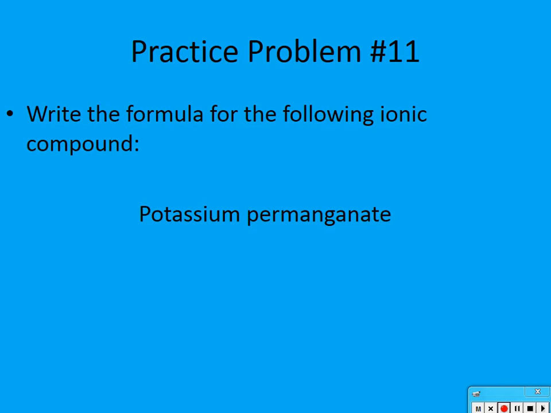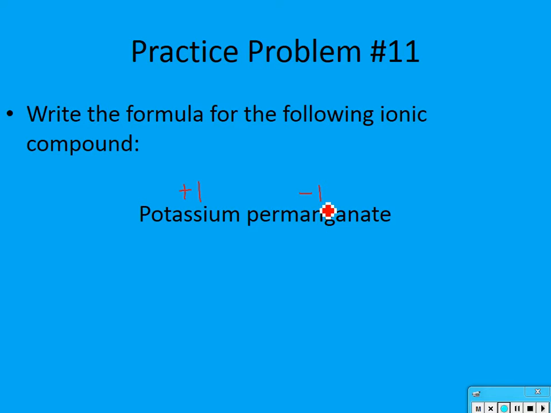So let's look up the charge of potassium. Plus 1. Now permanganate, you can look a long time on the periodic table and you're not going to find it. How come? It's a polyatomic ion. So we get that table I just gave you and look up permanganate's charge. What is it? Minus 1. Good job.